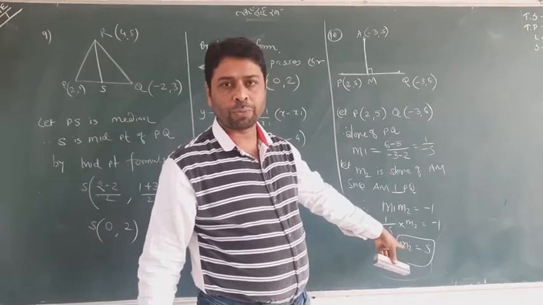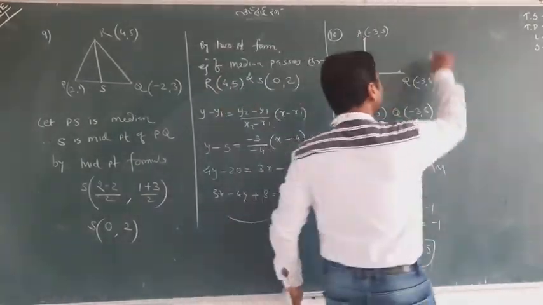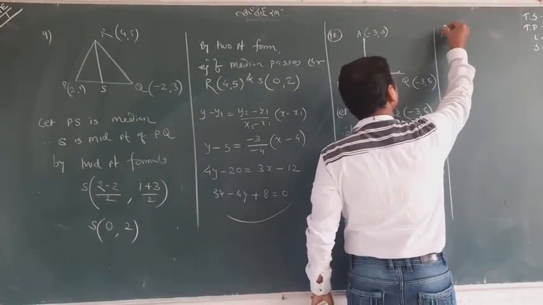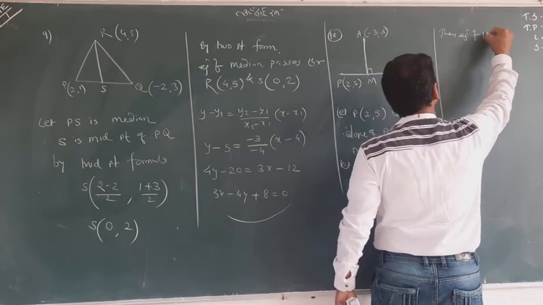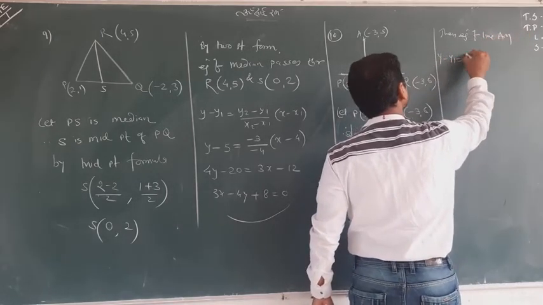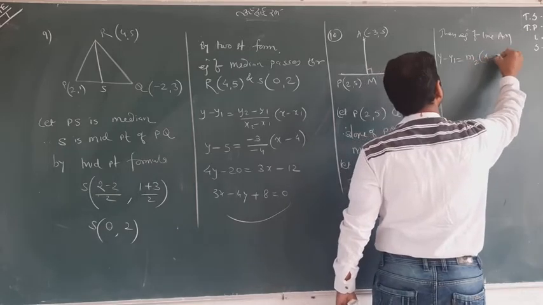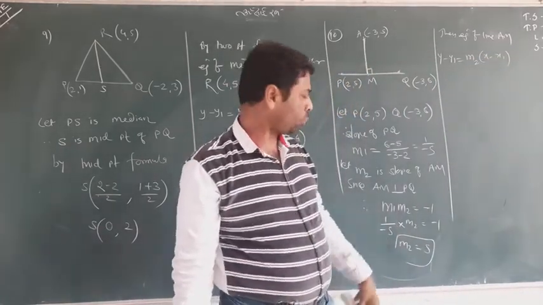Now we can use the one-point form for finding the equation of AM. In this section, the equation of line AM is given by the formula y minus y1 equals m times x minus x1. Instead of m, I used m2.